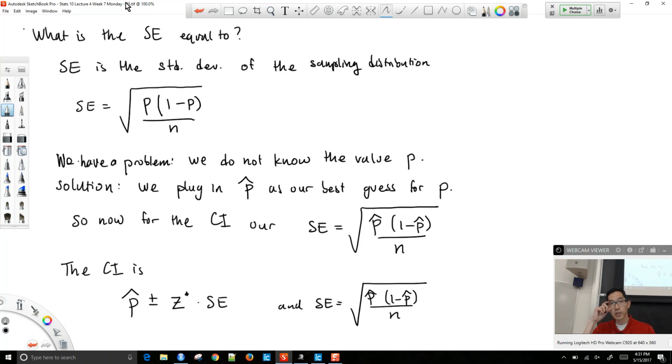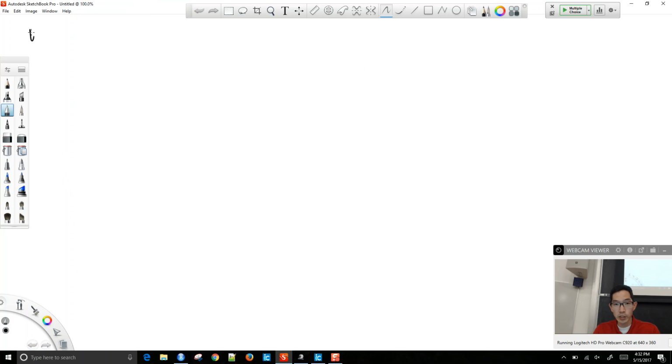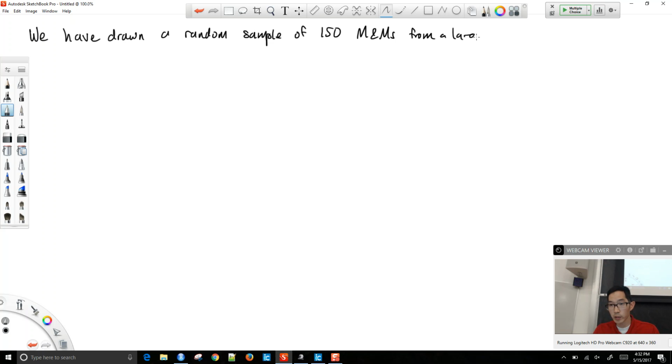All right, let's apply this to the example that we've been using here. Say we have drawn a random sample of 150 M&Ms from a large bucket, and we count 28 red pieces.